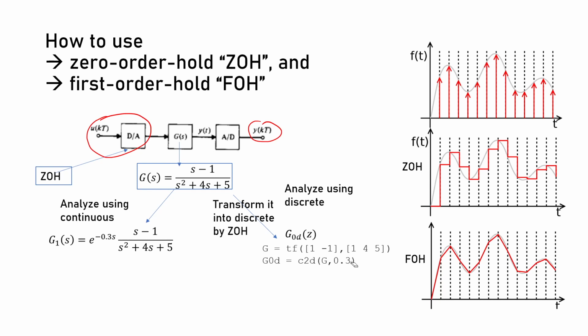Because you don't use the argument option for defining the method, by default it uses zero order hold. You can either just use these two argument inputs, or you can add another one, ZOH, same thing. So by default it chooses the zero order hold method.